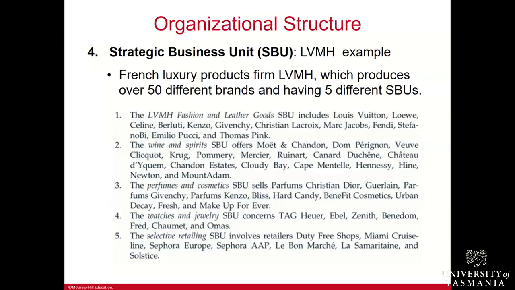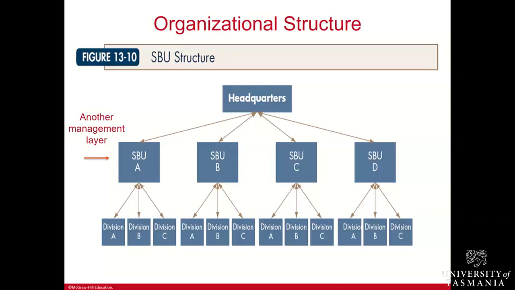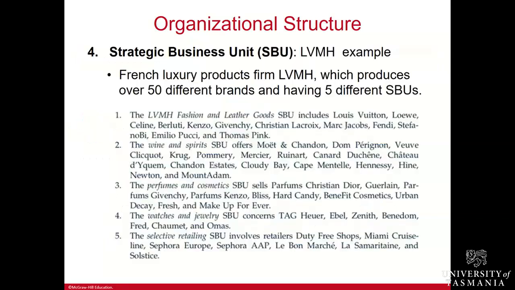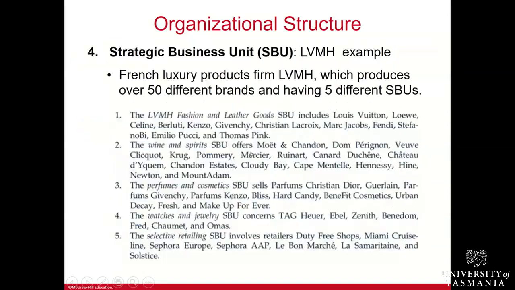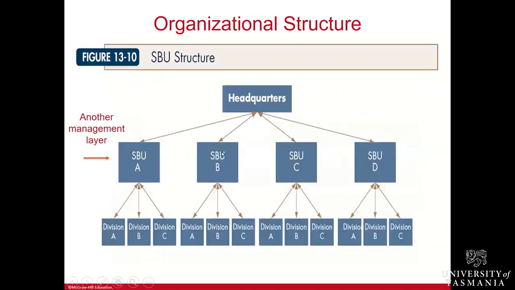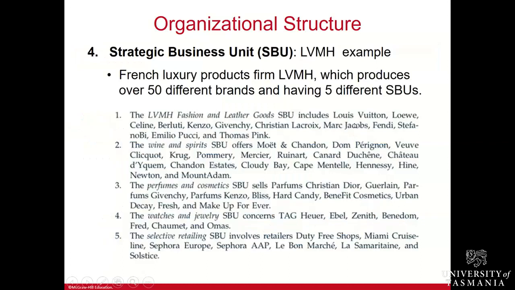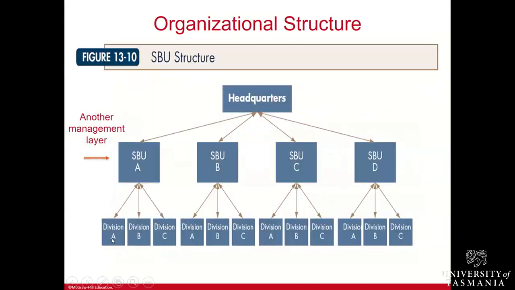When you look at this illustration, we can say that, for example, fashion and leather goods fits here, wine and spirits is the second one, and perfumes and cosmetics is here. And then they have divisions, subdivisions here. I assume they have geographical divisions.